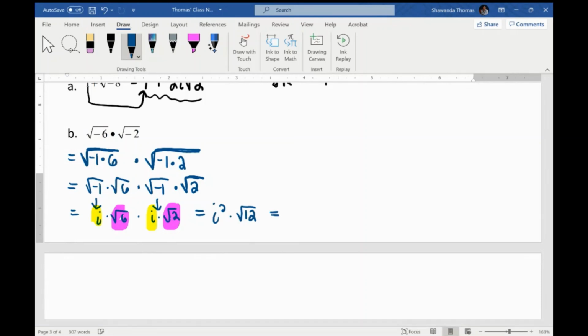Well, i squared equals what? -1. But something else happened with this: you have to get the perfect square out of the 12. Very good. A perfect square popped up when we multiplied 6 times 2. So we write it as 4 times 3, which is -1 times the square root of 4 times the square root of 3. What is the final answer?